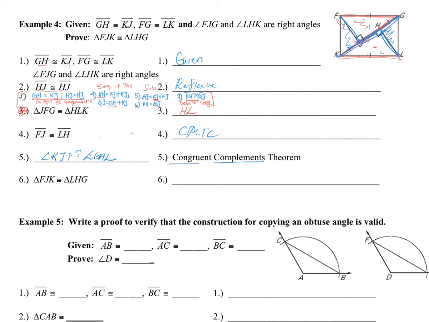So therefore we can say triangle FJK is congruent to triangle LHK by side angle side congruence.